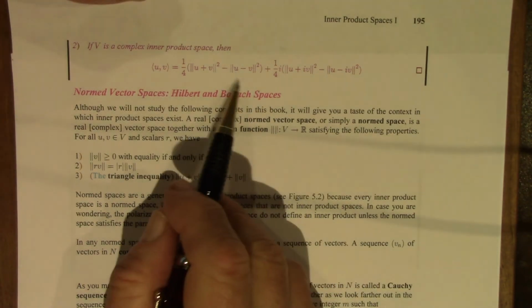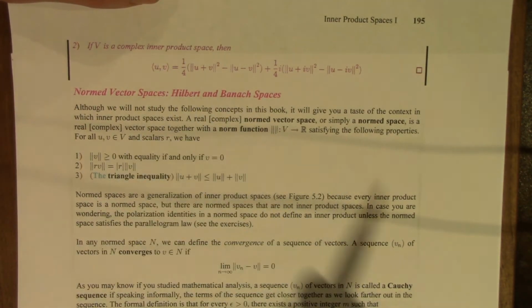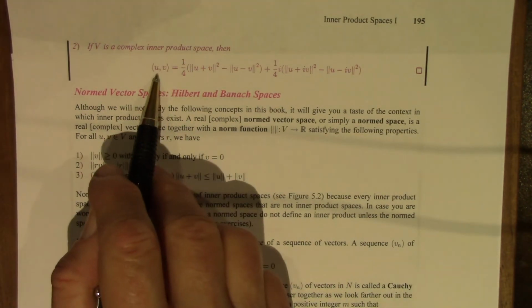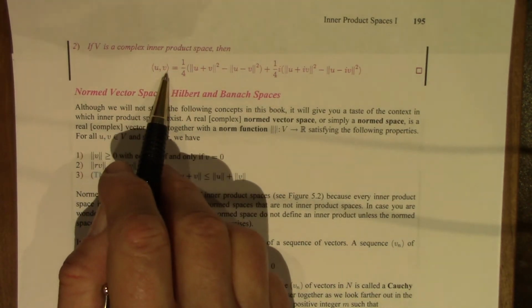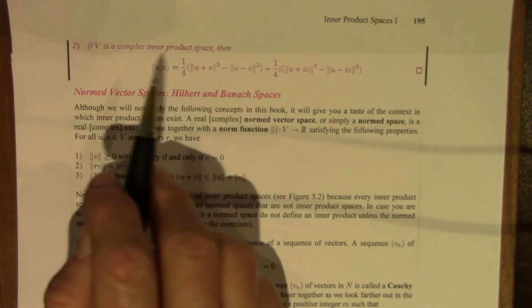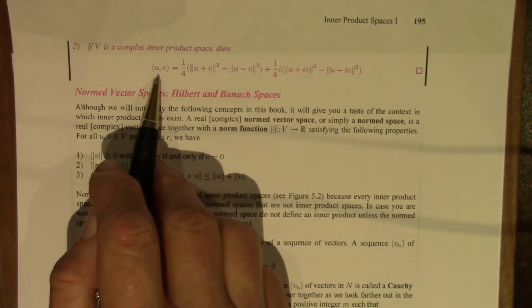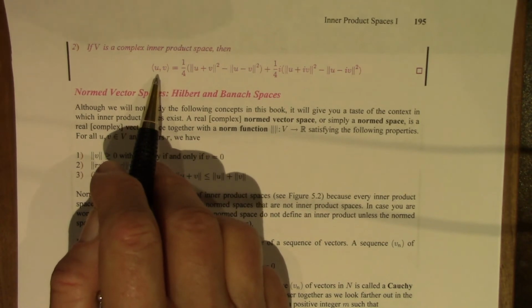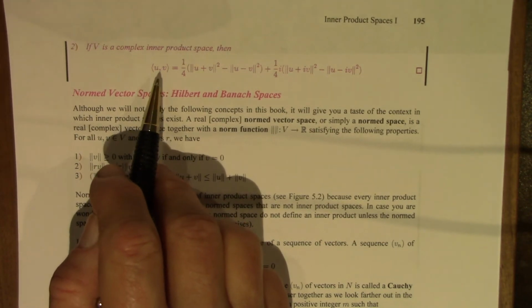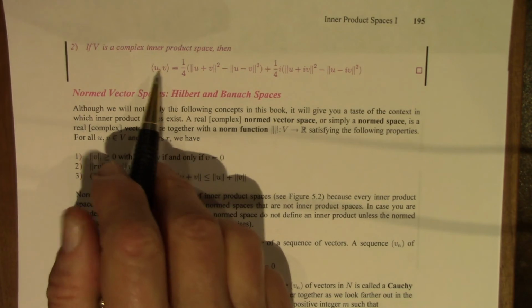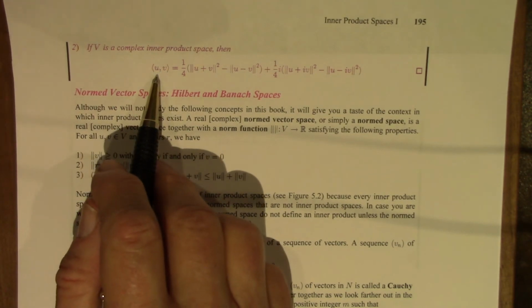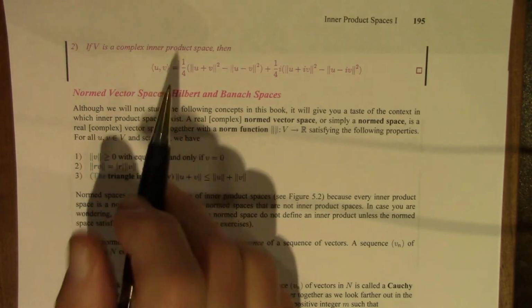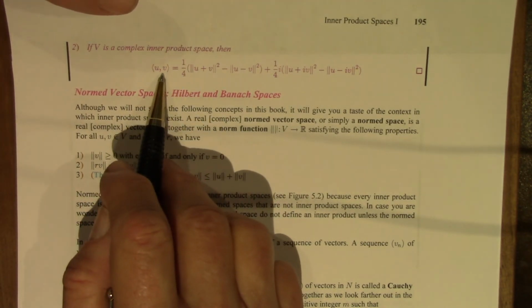Well, what you can do is define a function of two variables this way, but it won't necessarily satisfy the properties of an inner product. It won't necessarily be positive definite, sesquilinear, and conjugate symmetric.